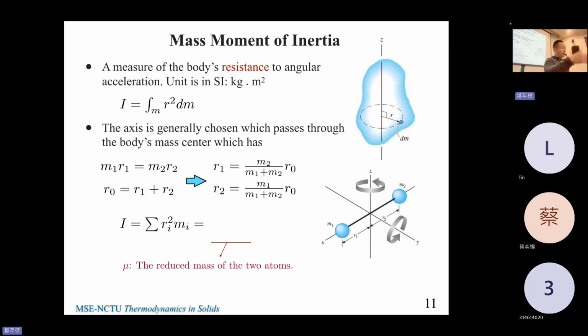But in the real world, I mean in the atom gas, they rotate along their centroid axis, so it should be okay. And also another thing is that the centroid is also related to the two-particle distance.